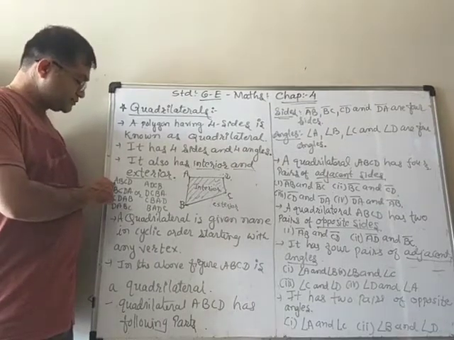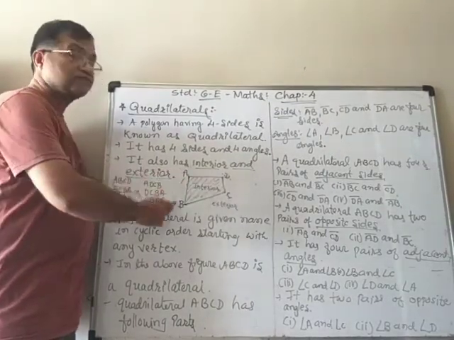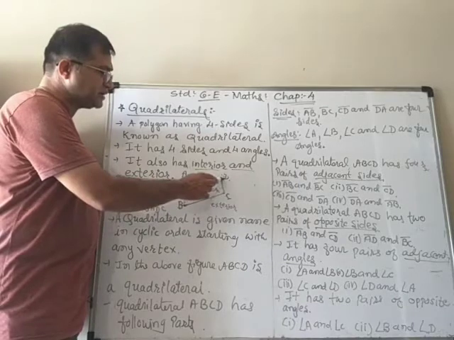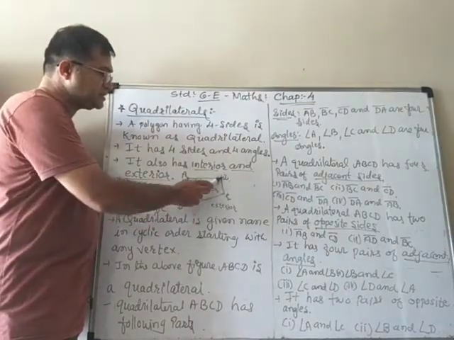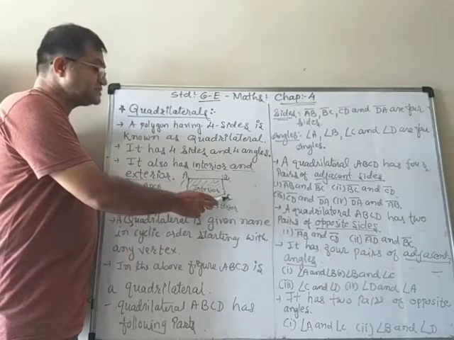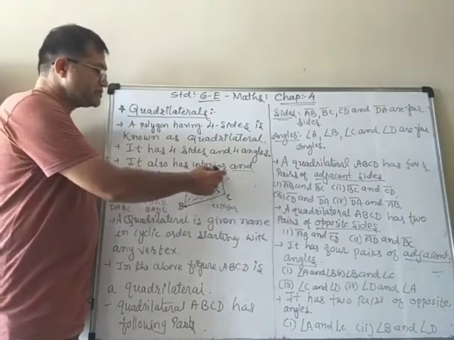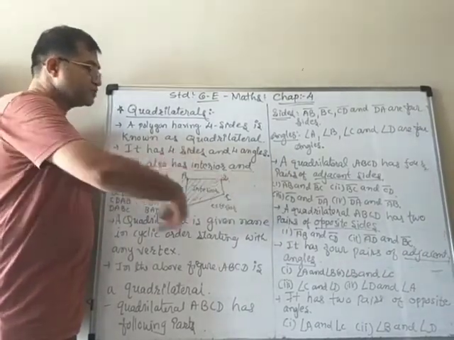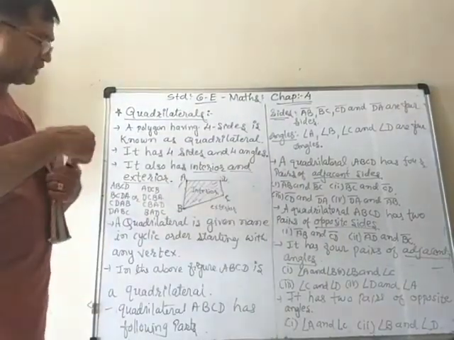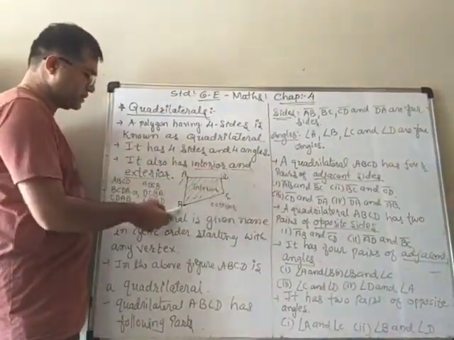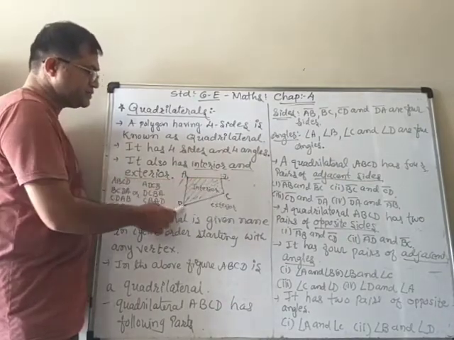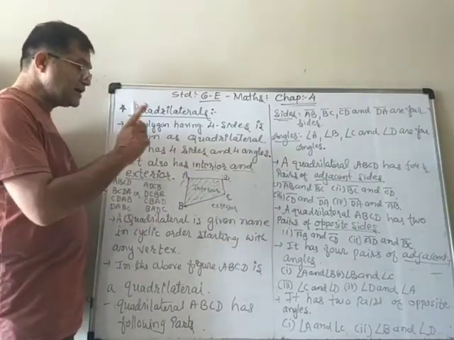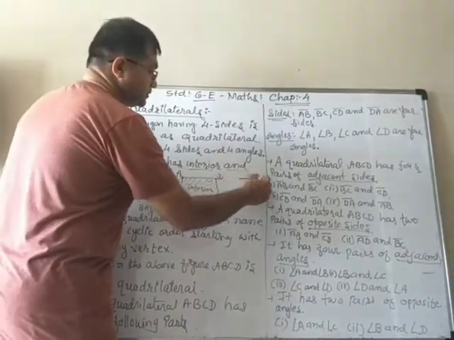If you start with A and go this way, anti-clockwise, then A, B, C, D. If you start from B, then B, C, D, A. If you start from C, C, D, A, B. And if you start from D, D, A, B, C. Now, again if you start with A, but in the clockwise, opposite direction, then it can be A, D, C, B. Or if you start from B, B, A, D, C, and so on.